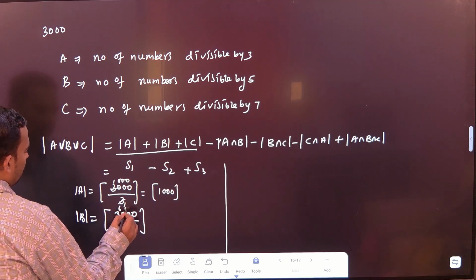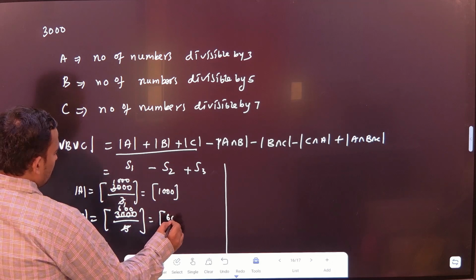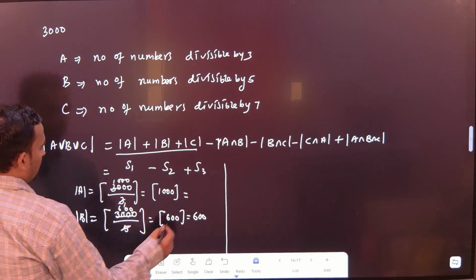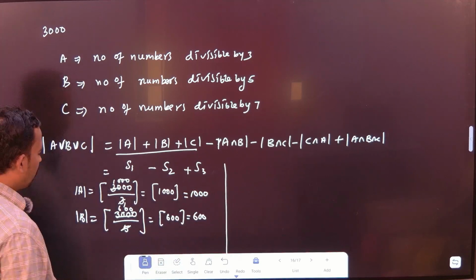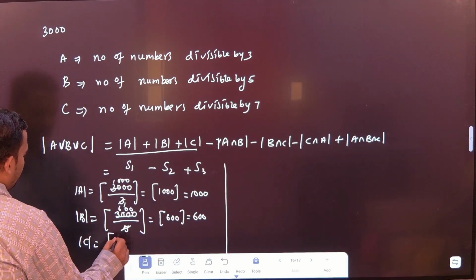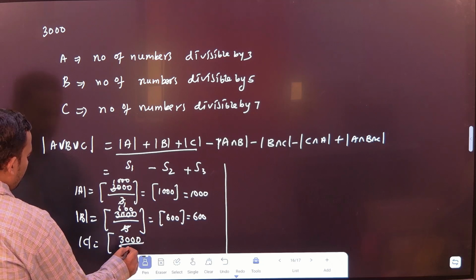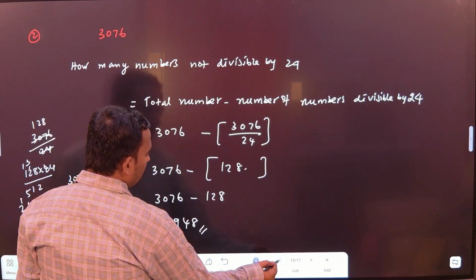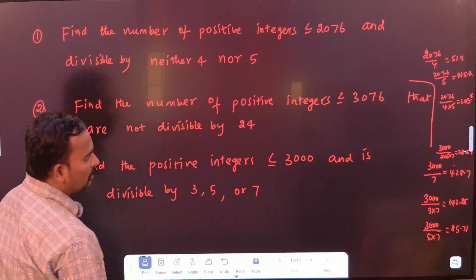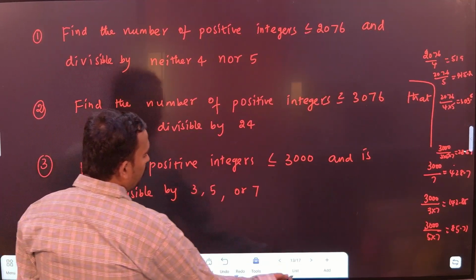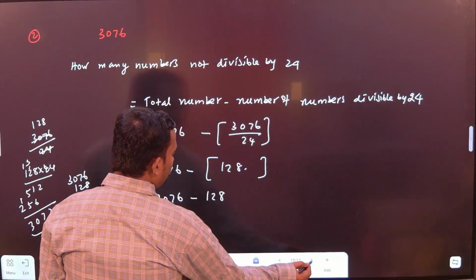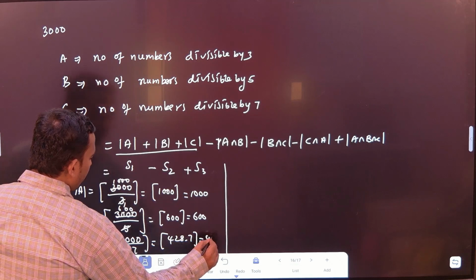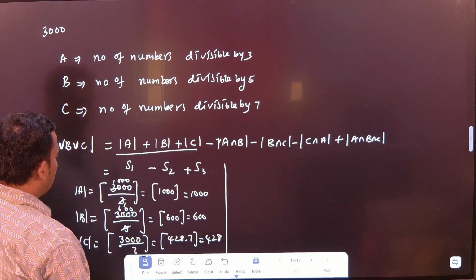The greatest integer value is 600. Cardinality of C, you can calculate the greatest integer function of 3000 divided by 7. 428.7 will be possible. This is 428. Clear?